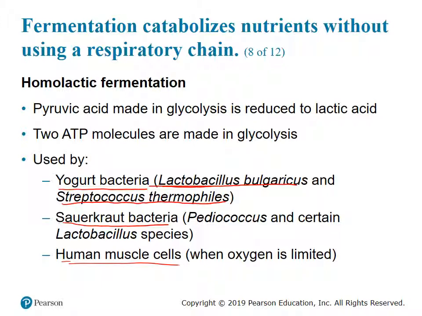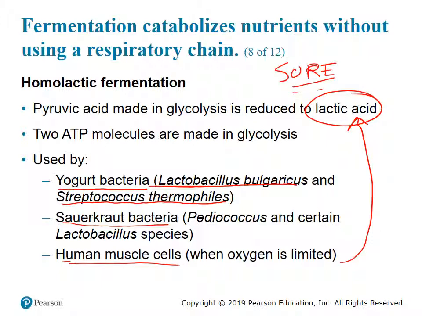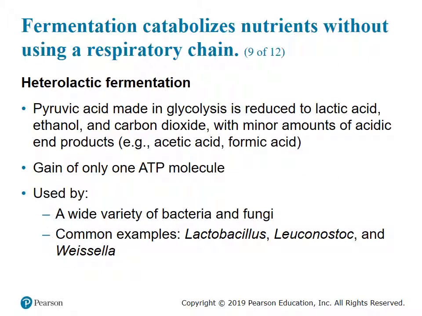If you use your muscles a lot and build up the fermentation process, you build up lactic acid. Lactic acid is what makes you achy or sore the next day or the next couple days, depending. It's the lactic acid buildup. That's where the cramps also come from.